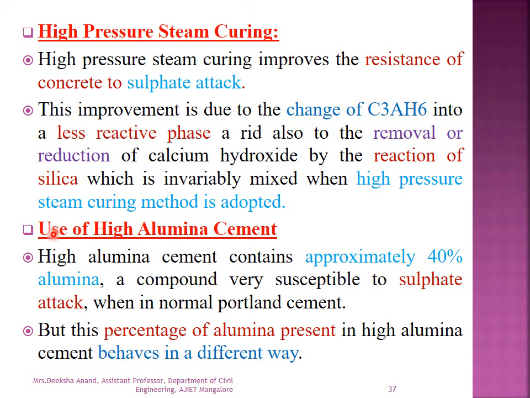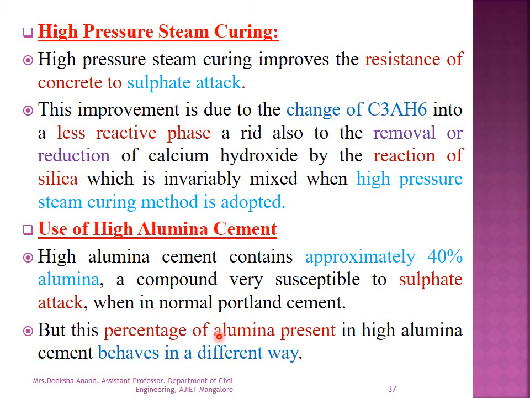Next is use of high alumina content cement, which is a type of cement. So these are different methods, either using pozzolanas or admixtures, or with the help of a type of curing, or the type of cement, to control the effect of sulphate attack. High alumina cement contains approximately 40% alumina, a compound very susceptible to sulphate attack in normal Portland cement.